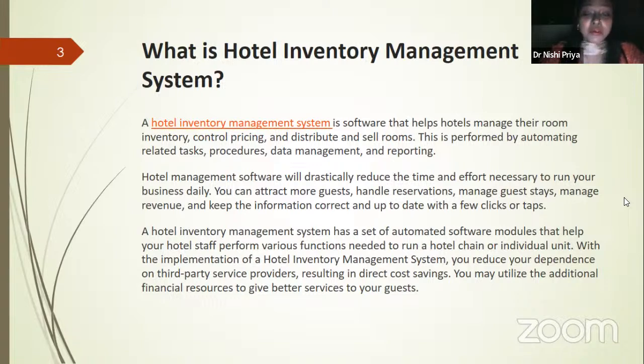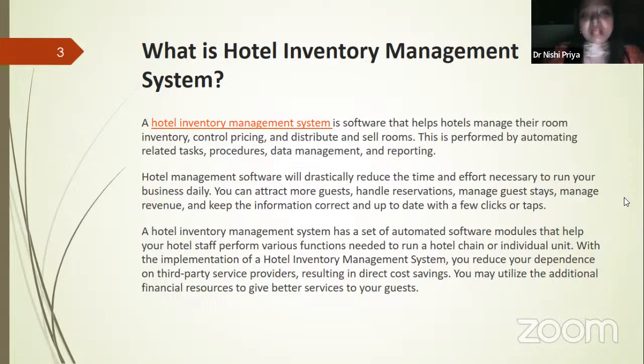And moreover, the best part is you can have a good amount of time to attract more guests, handle reservations, and manage guest stays, because you are not putting drastic effort into performing the day-to-day tasks that are done automatically by the room inventory management system.